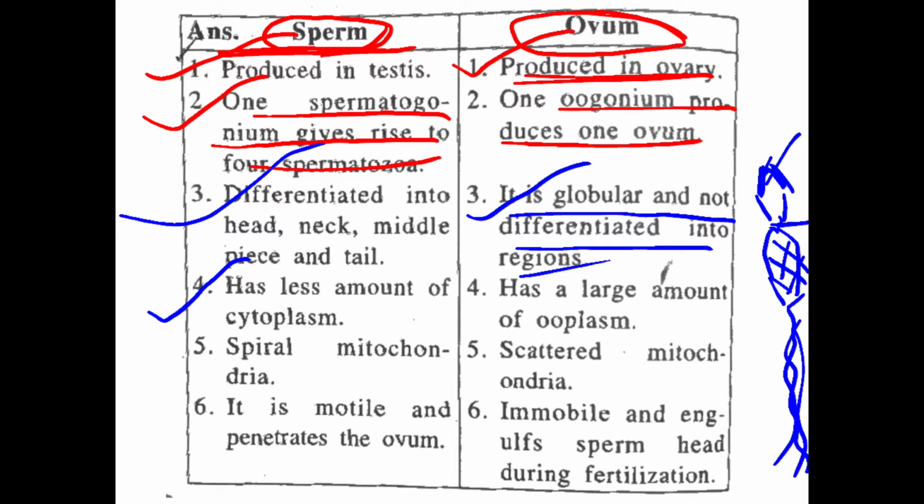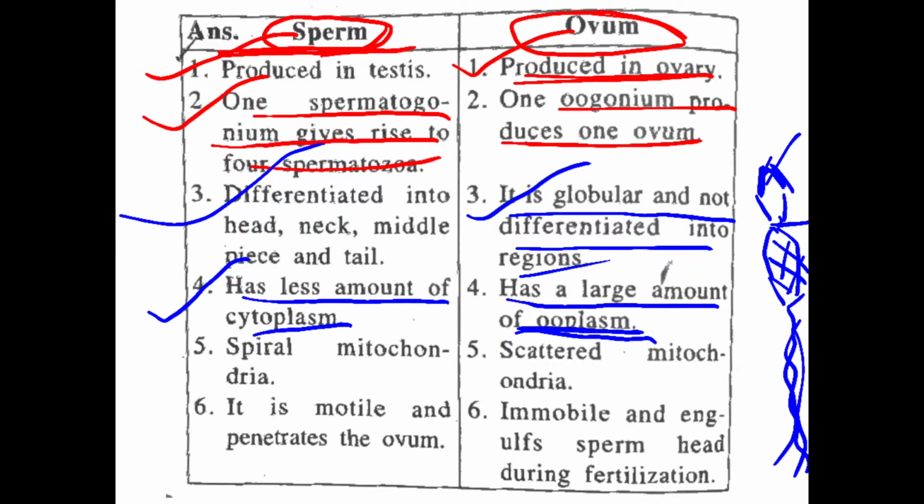So to carry out its movable character, sperm has less amount of cytoplasm, less volume. Whereas a large amount of cytoplasm, or ooplasm, is present in the ovum or egg.